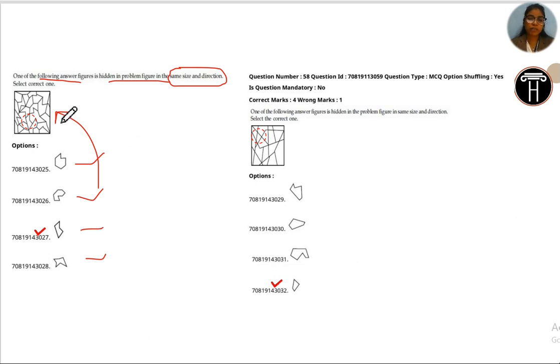Now what you have to do, you have to select the correct one. So you have to look very precisely in these types of questions. First, try to search it out from one direction. Just like suppose this, you have to look down over here, somewhat a 90-degree over here, then over here. Can you find it?